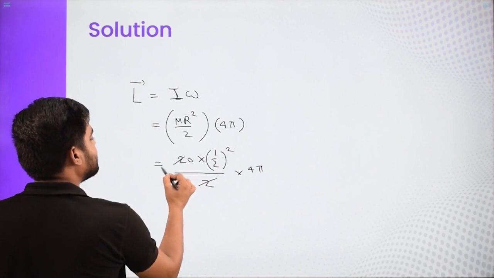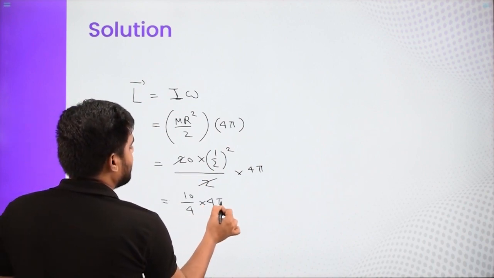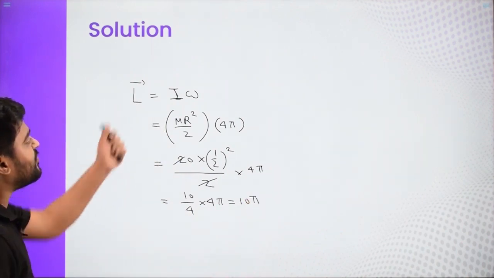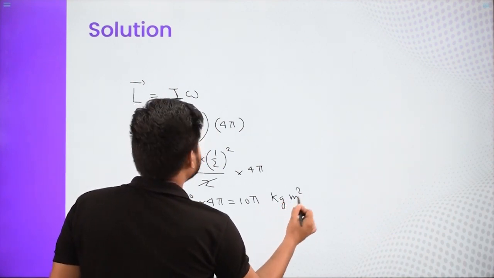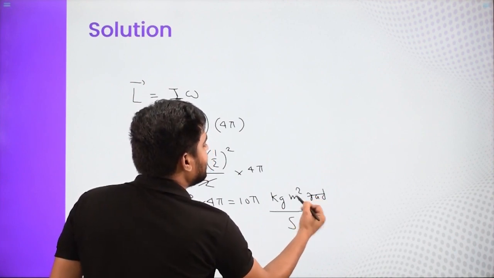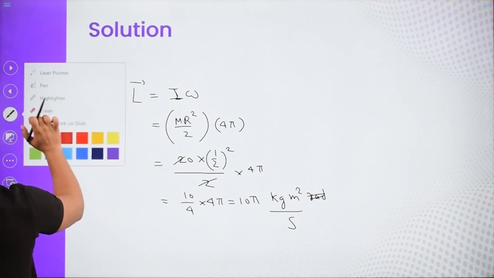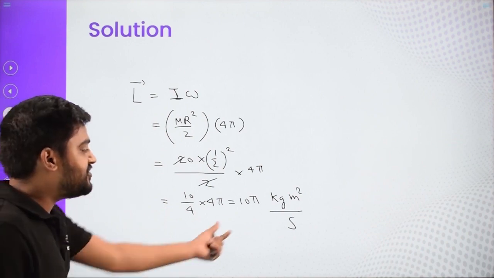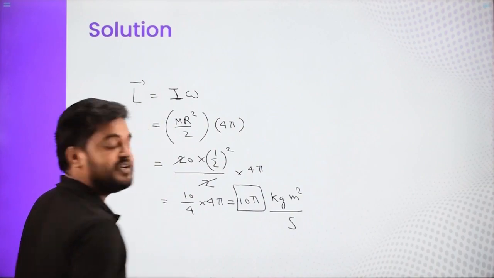So it is 10 by 4 into 4 pi, which gives me 10 pi. The SI unit of angular momentum is kg meter square radian per second, but radian is an angle, so angle does not come in the unit. So the SI unit of L is kg meter square per second, and the answer is 10 pi kg meter square per second.